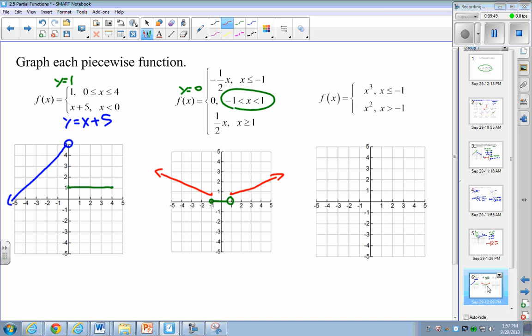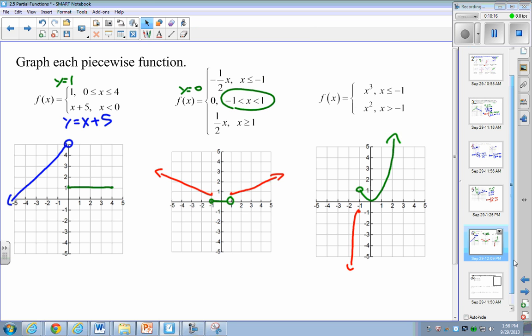So then if we go back, go to -1, we can graph our x cubed. Okay, but now we're looking at x squared, and it's going to be open at the point -1, and we just graph it just like that. All right, now one's going to go off to infinity as well.